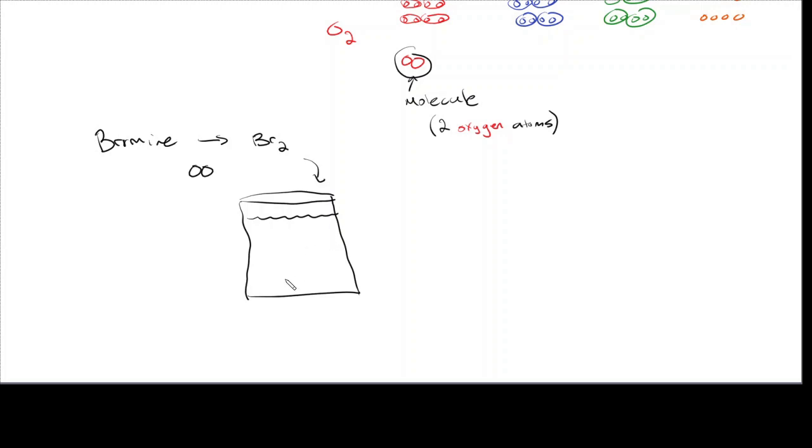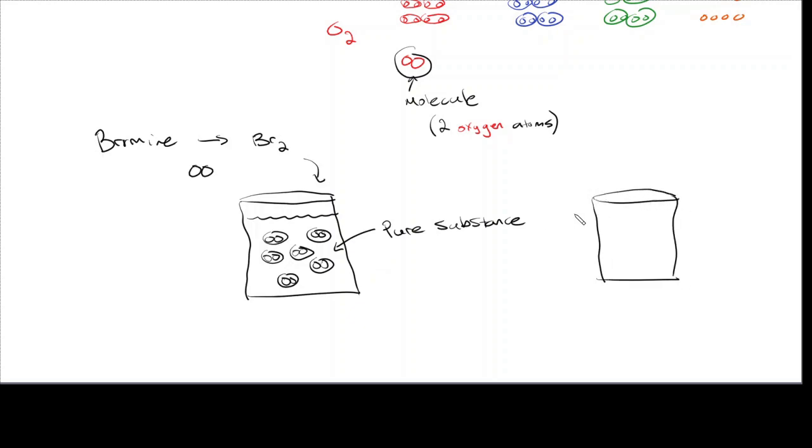But inside, what it would be made of is trillions and trillions and trillions and trillions of these little pairs of bromine atoms called bromine molecules. And that's really what would comprise this liquid. On a macroscopic scale, we call something like this liquid a pure substance, because there is nothing else but bromine atoms in this container.